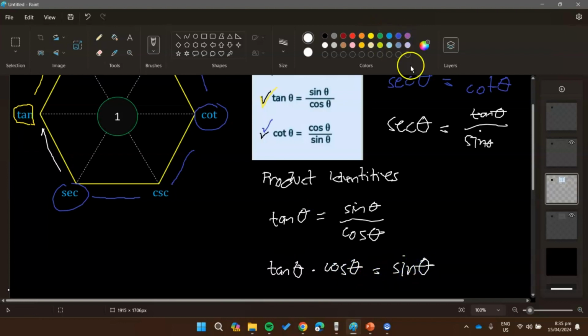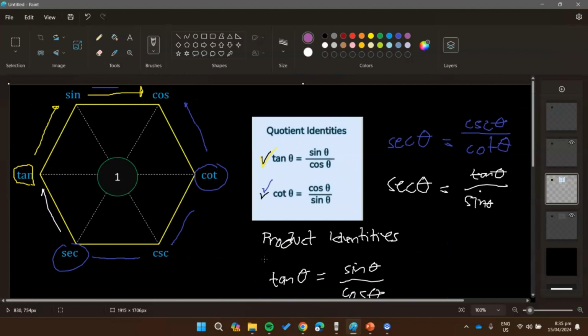So I want us to look at this one. And again, observe this. We have tangent times cosine. That gives you sine. Alright?